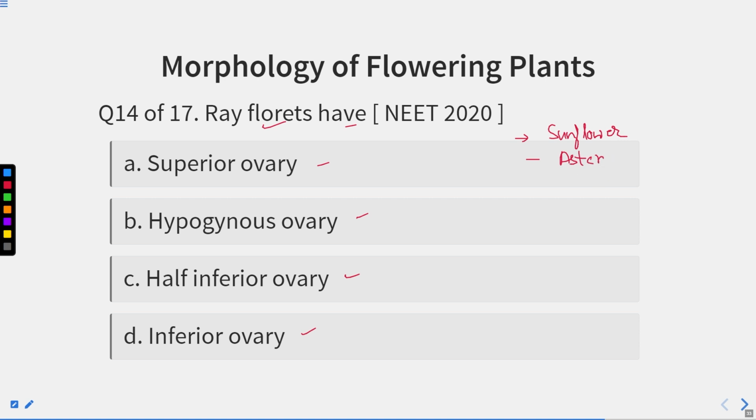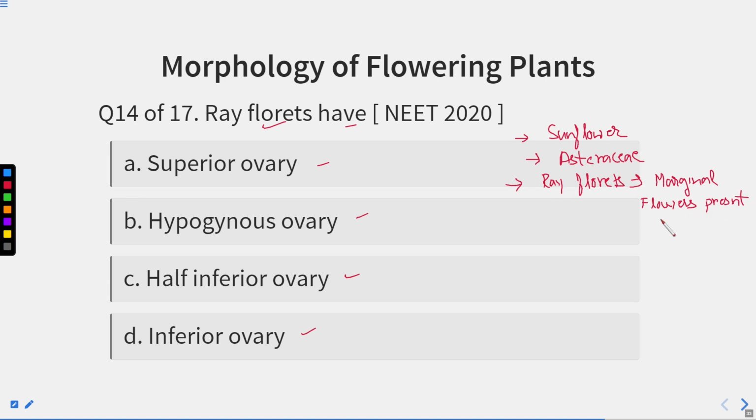Sunflower is a member of the family Asteraceae. And if we talk about ray florets, how can we define them? These are the marginal flowers present on the margins.